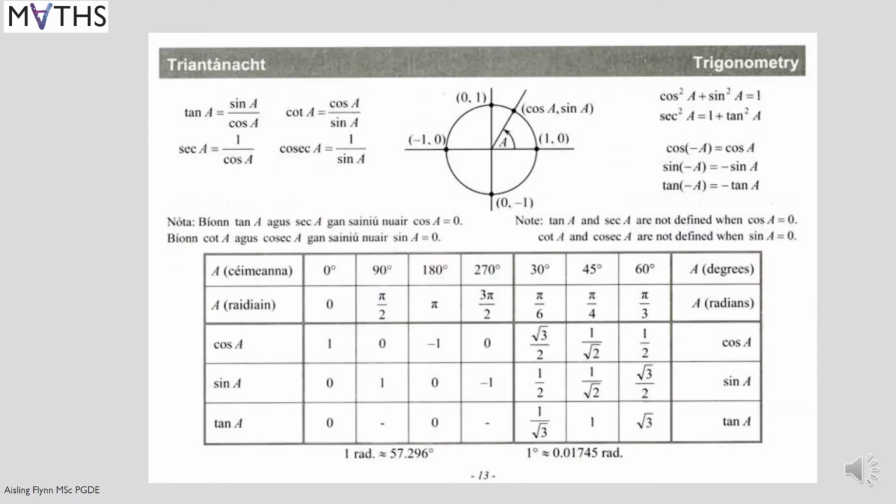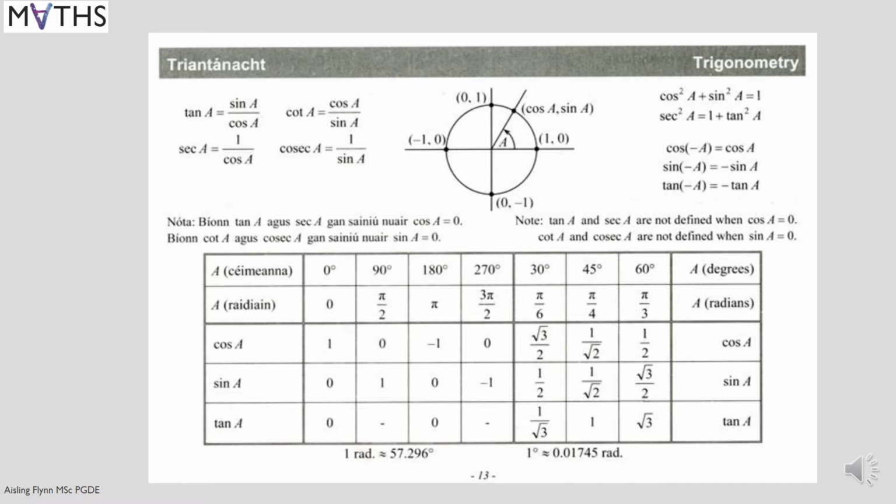As you go through your trigonometry lessons, you'll see that some of the same angles come up over and over again, and these are very common angles. There's a page in your formula and tables books which may or may not be of help, and it gives the values of cos, sine and tan for these common angles.